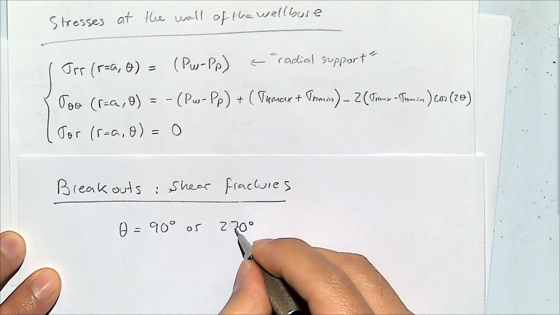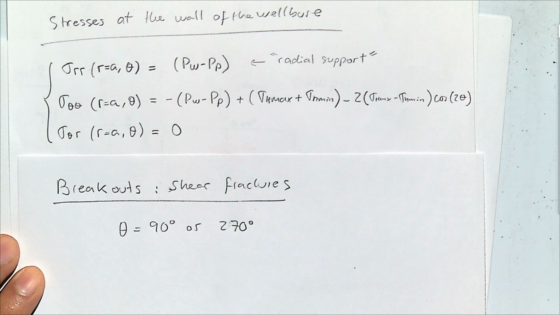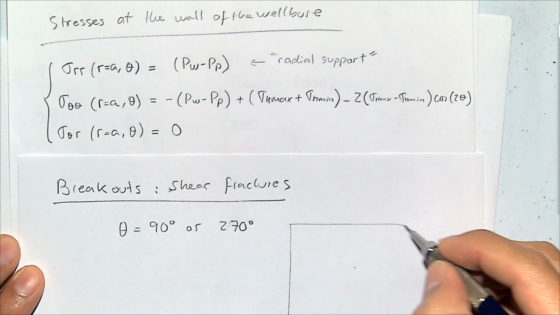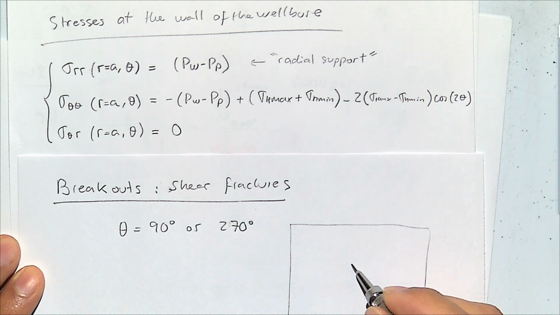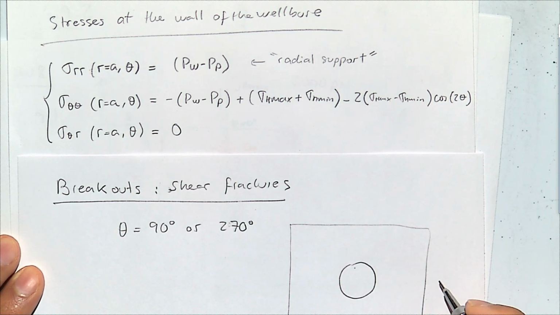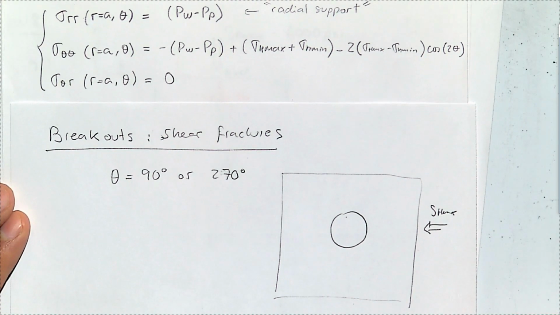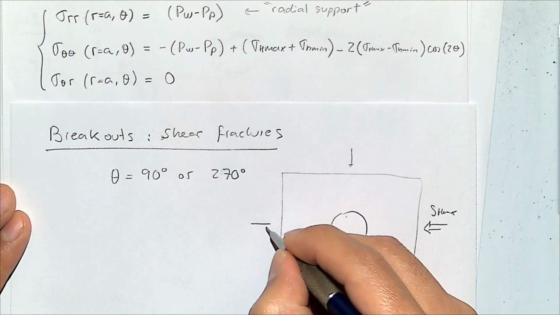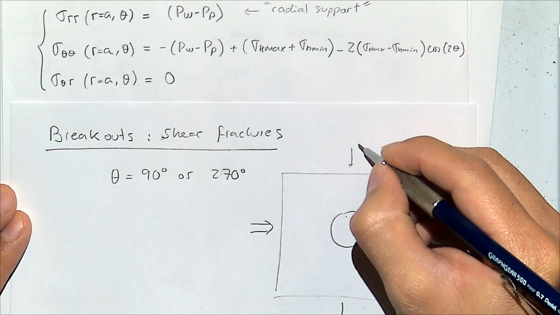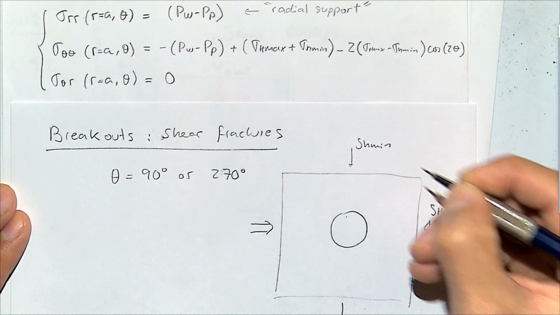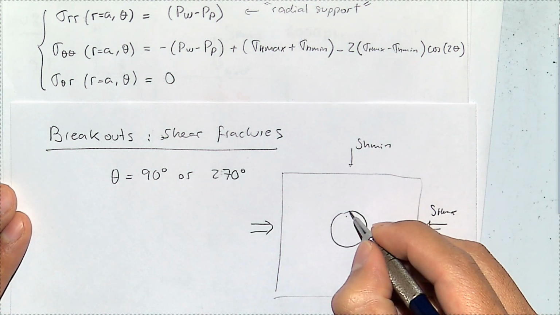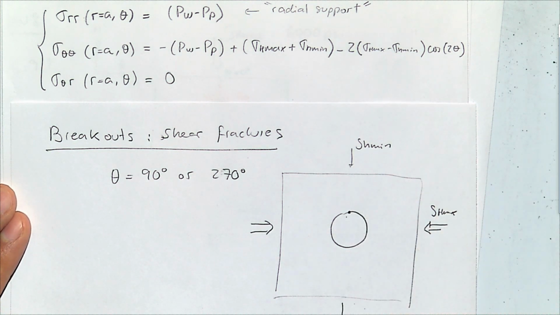And at these 2 points, what we're going to look at, let's say this is our wellbore and this is SH max and this one is SH min. This is going to be a point somewhere over here.